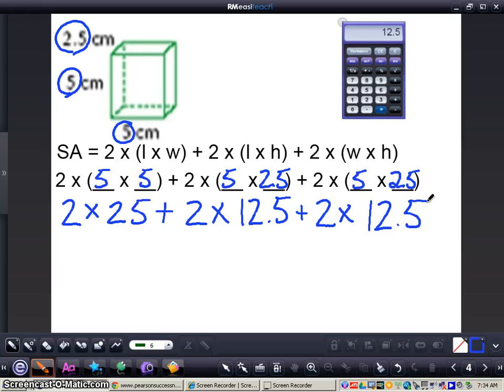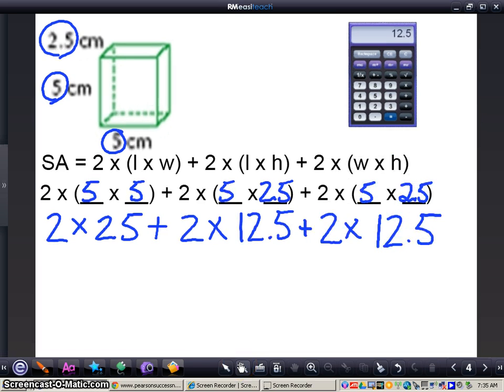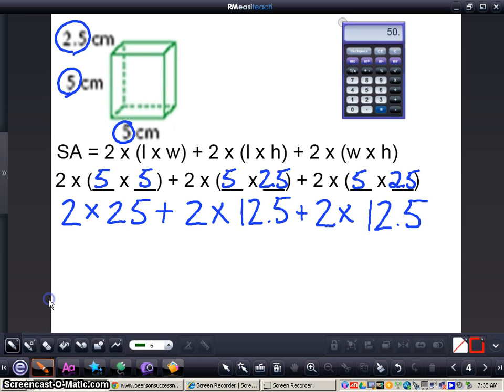Now it's important to remember with order of operations that we multiply as our next step. So what I will do is use a different ink here. Now we have 2 times 25. We can just punch this right into the calculator. 2 times 25 gives me 50. So we'll just write 50 right underneath here. Plus 2 times 12.5.